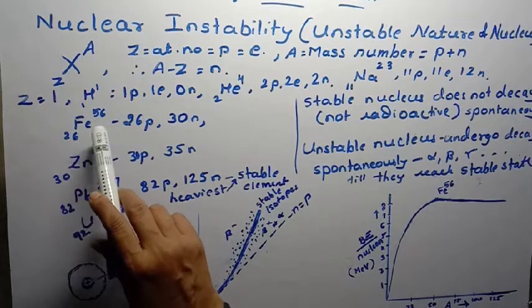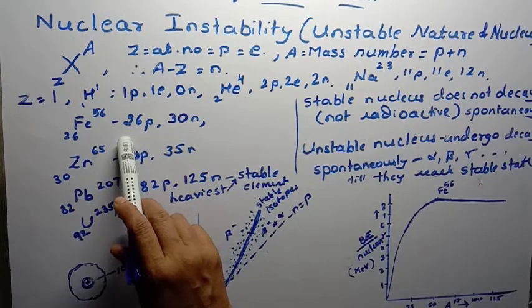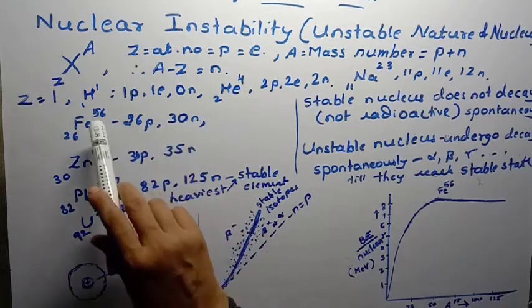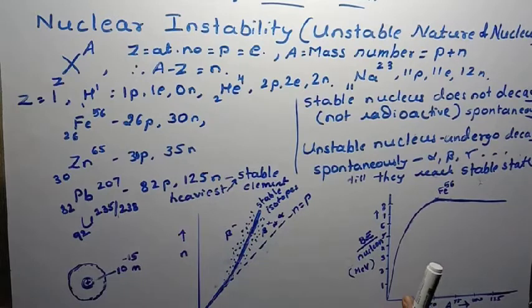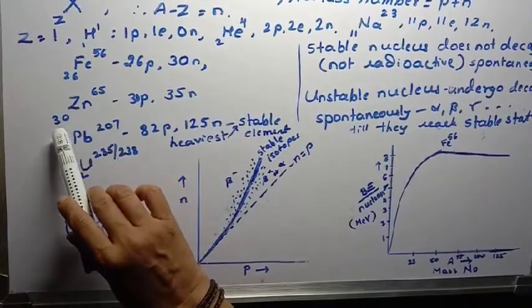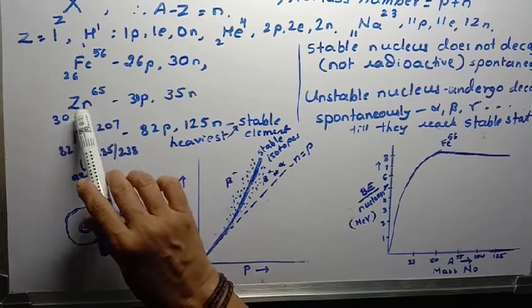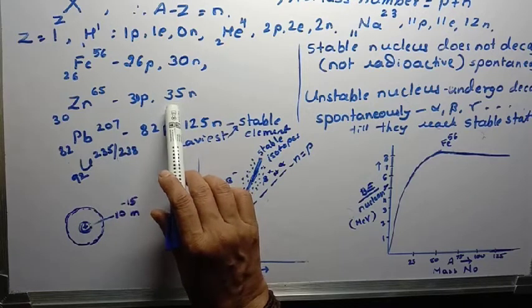This indicates iron contains 26 protons, 26 electrons and 30 neutrons. Similarly, take one more example, zinc. Atomic number is 30, mass number is 65. So zinc contains 30 protons and 35 neutrons.